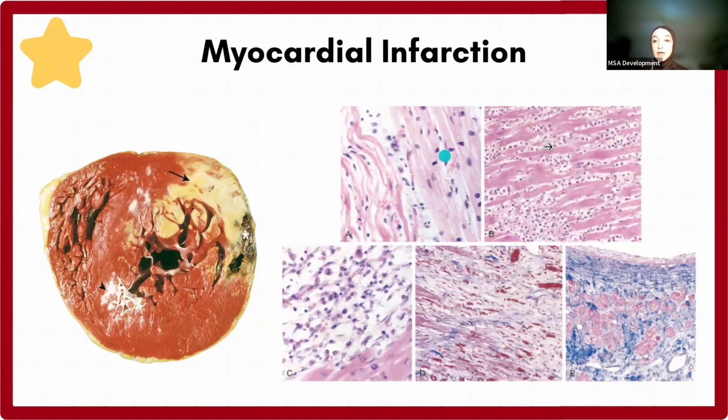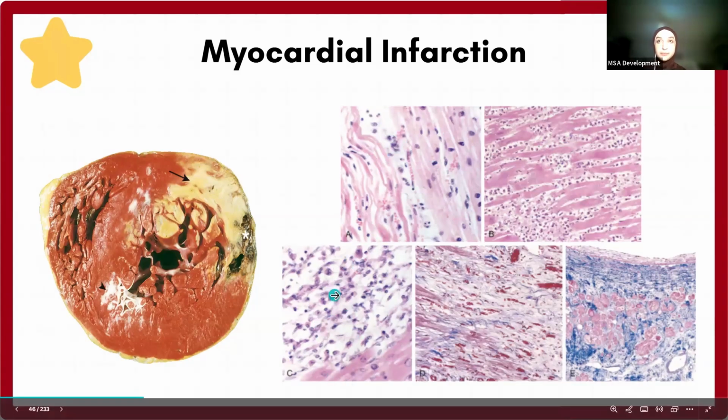That's it. In B, you will have even more neutrophils, and this is from day 2 to day 3 of the infarct. A was day 1, the first day. On day 2 to 3, you will see a lot of neutrophils in between the cardiac myocytes.